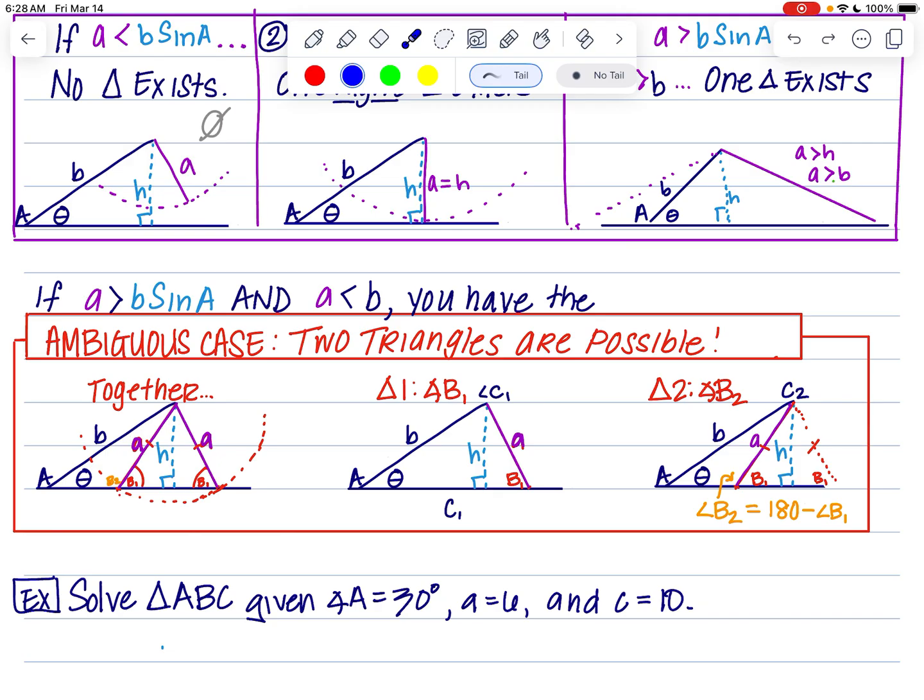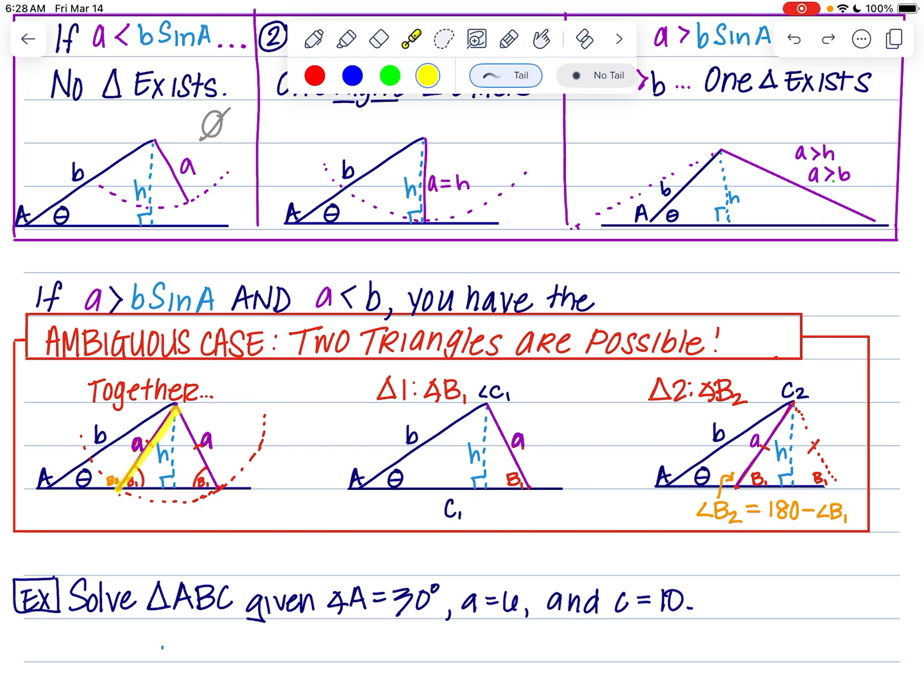The trick, though, is once you find the first triangle, I label everything with a little subscript of 1, so I know I'm talking about the first triangle. For the second triangle, there is a little hack. If I know what B1 is, if I know what that angle measure is right here, I know that this is also B1. Why do I know that? Because of isosceles triangles.